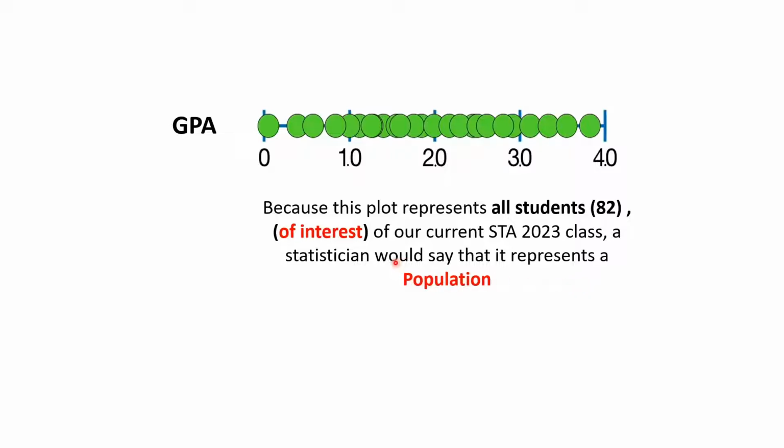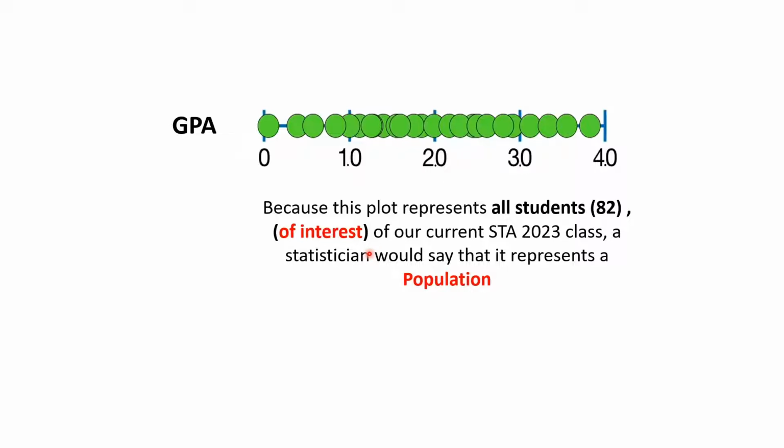If we change the context of our interest, for example, if instead of being interested in the GPA of our class, we were interested in the GPA of the entire University of Florida students, then the population of interest would change, right?